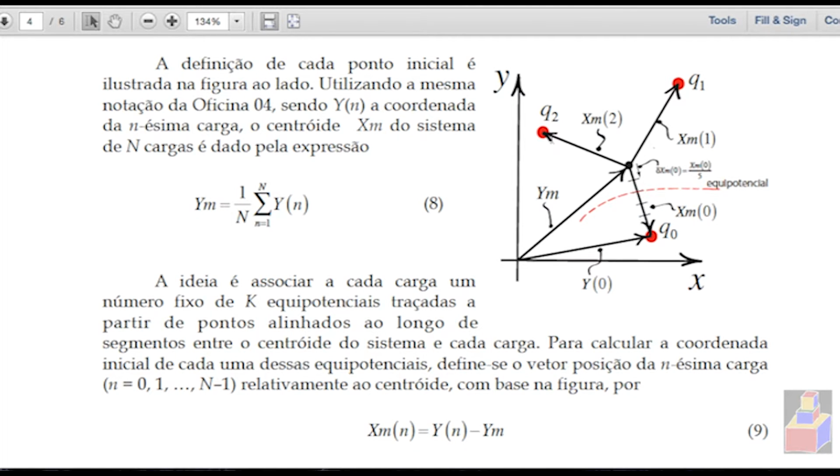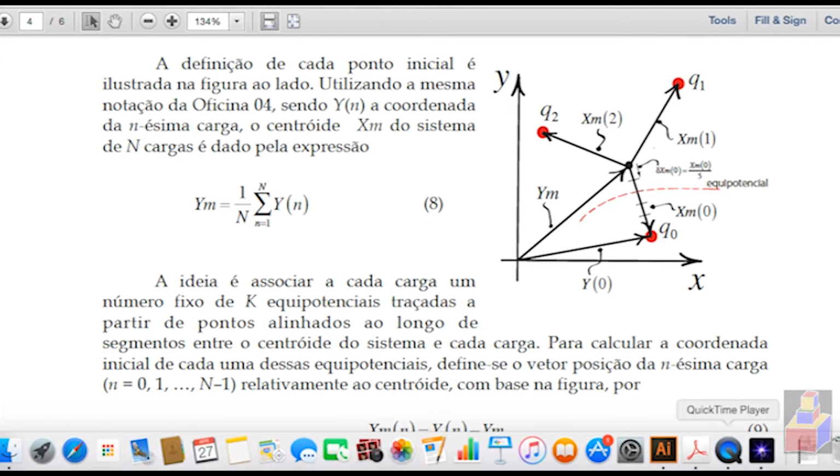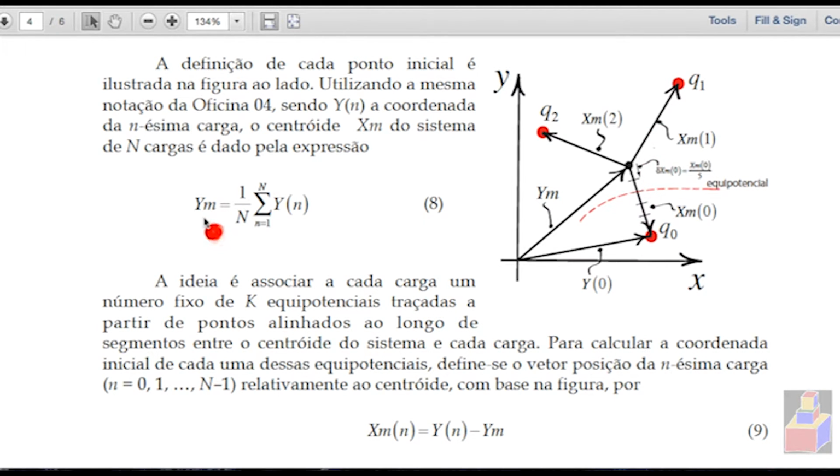So what we have to do is, first, calculate the centroid of the system, which we call the Ym vector, which is simply the mean of the vectors: 1 over n, summation from n equals 0, in fact, not n equals 1.